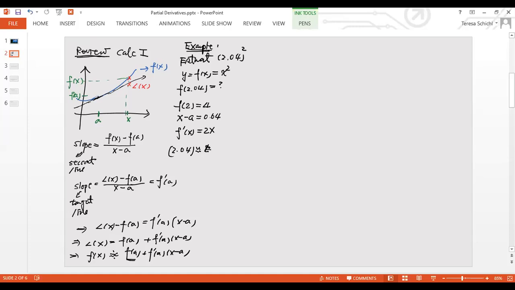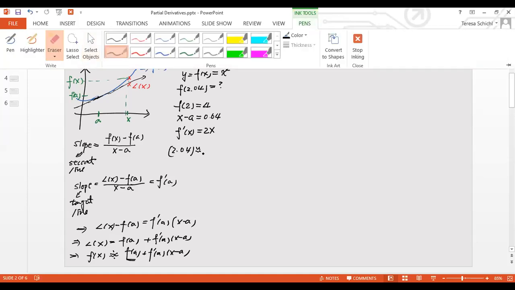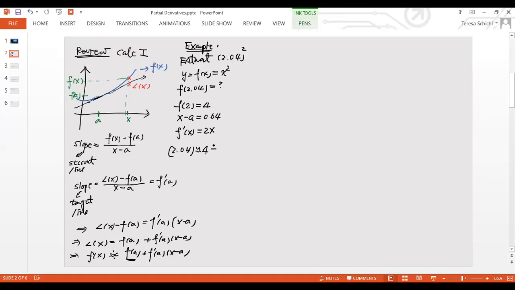So this will be 4 plus f prime a, which is 2 times a, and a is 2. Then x minus a is 0.04 here, right?